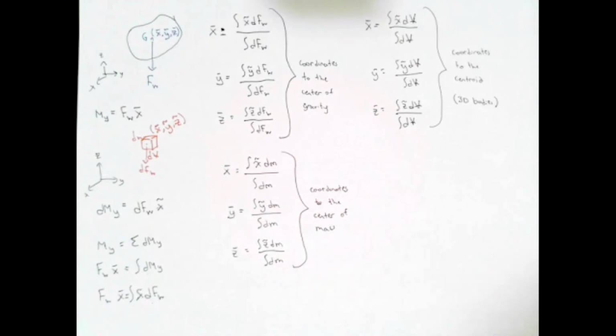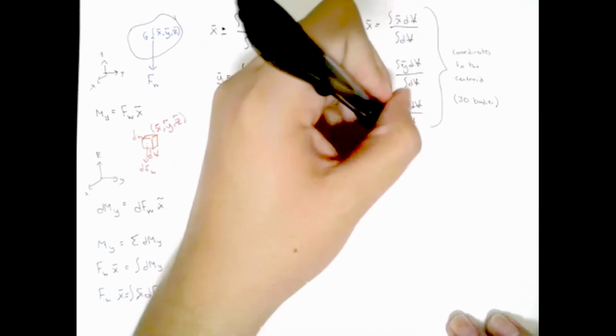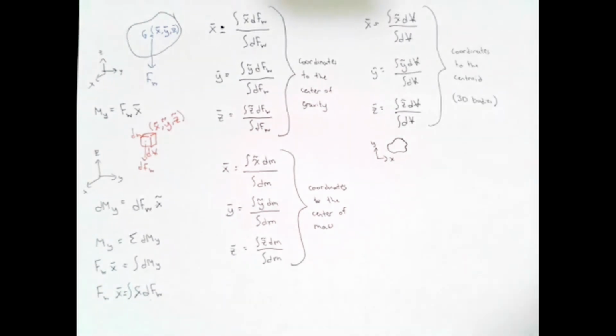But then for two-dimensional bodies, if a body only exists in the xy plane and not in xyz space, we wouldn't really be dealing with volume because you need 3 dimensions for volume. So what do you think we would use to replace volume in 2 dimensions? Area. Yeah, that's correct. We would have our area.